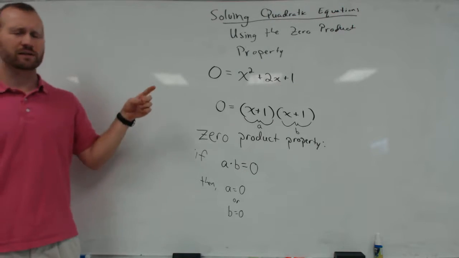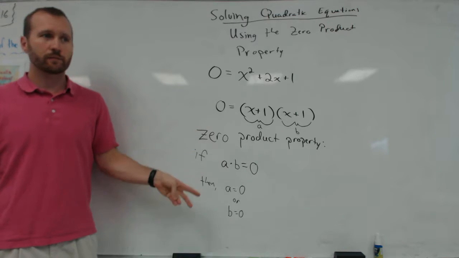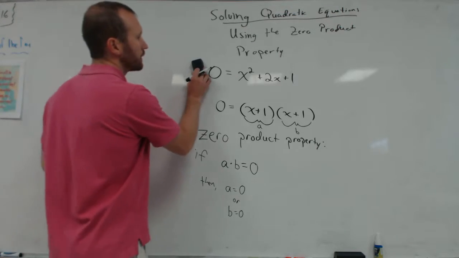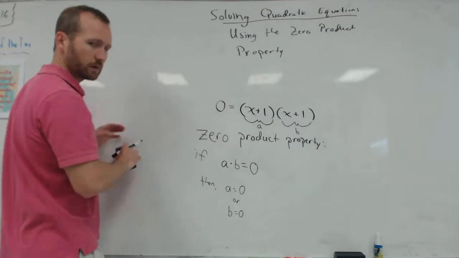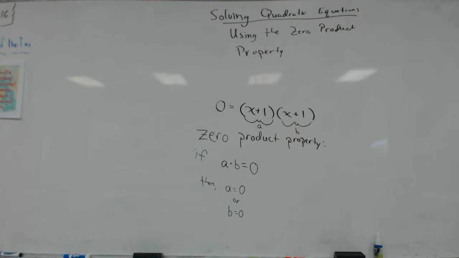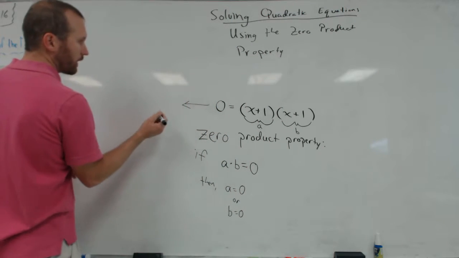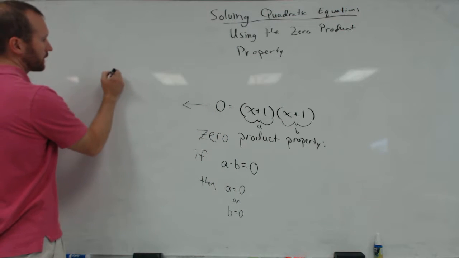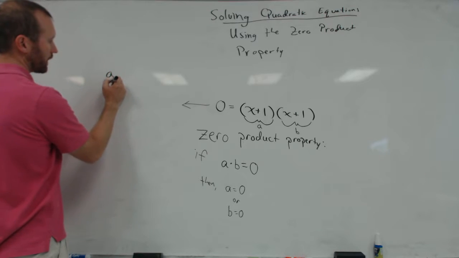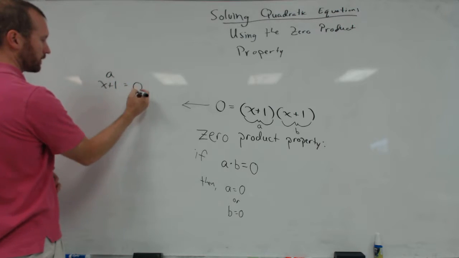We can turn this into a set of two linear equations that we can solve because of the zero product property. So I'm going to move this over here. I'm going to write this as A. So A is x plus 1 equals 0.